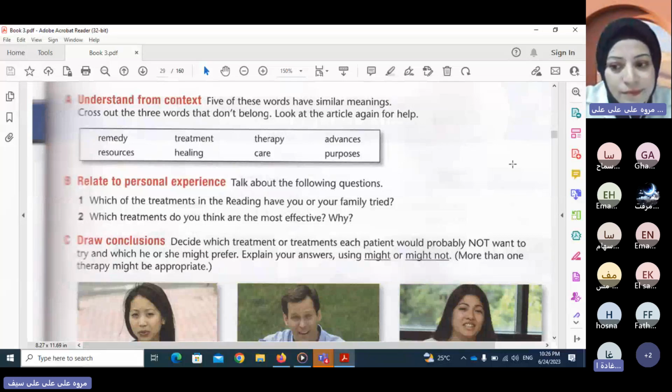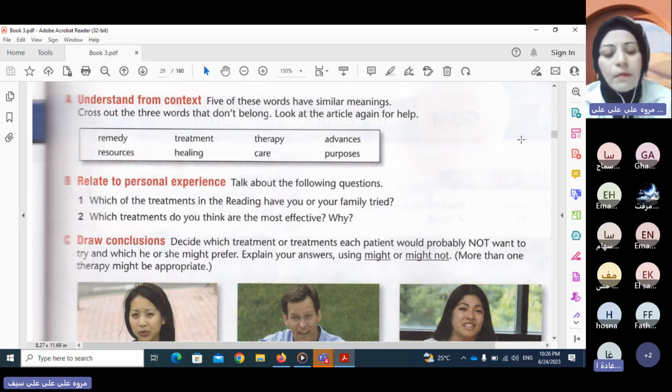I'm not going to add different ideas to my colleagues because I think they have said the same ideas. All of us think that the conventional or surgical medication is the most effective because if someone suffers from a disease or an illness in his stomach, his heart, or maybe his bones, they usually tend to use surgery.